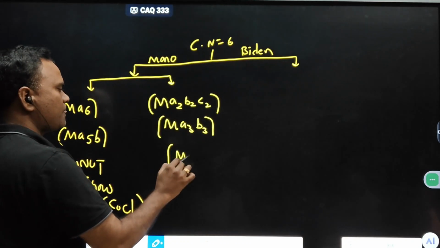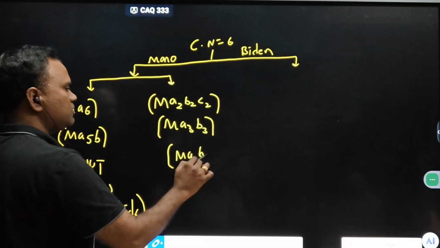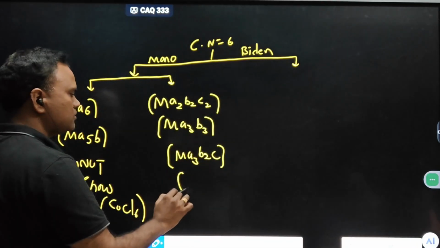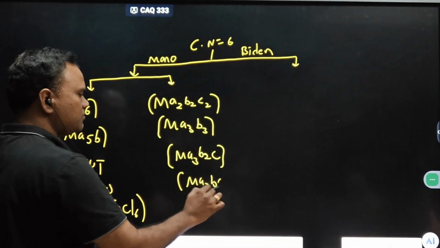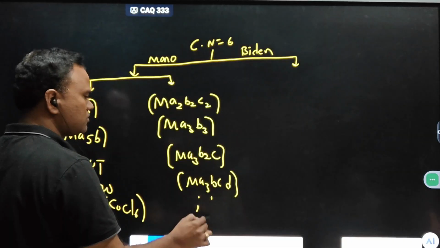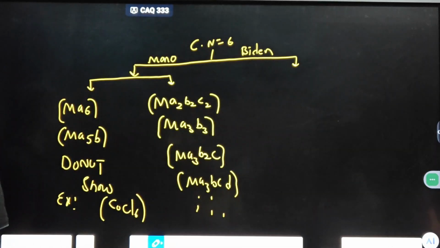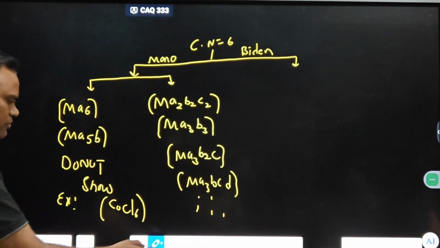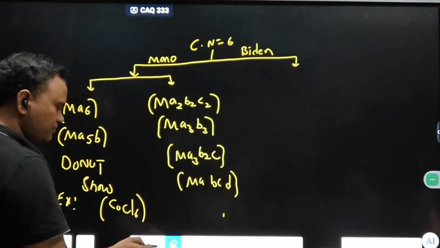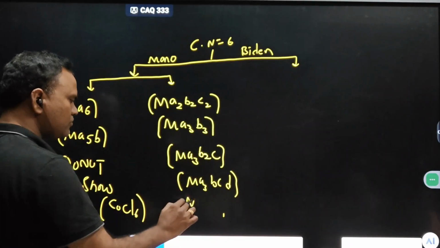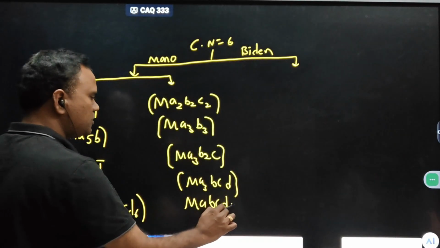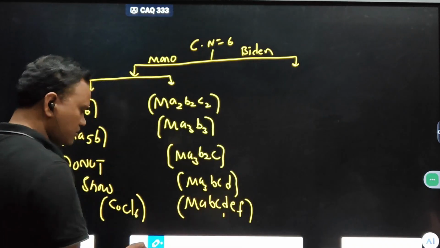Next, MA3B2C category. MA3BCD category and so on. MA2BCD. That is also important. MABCD category, yeah, 6 are different.